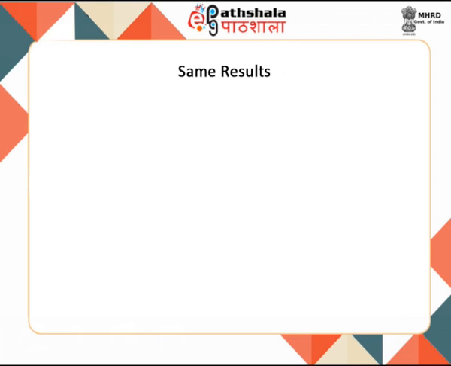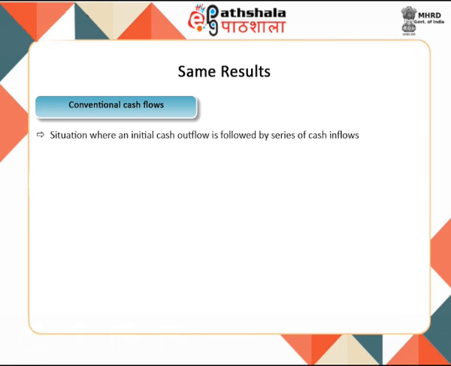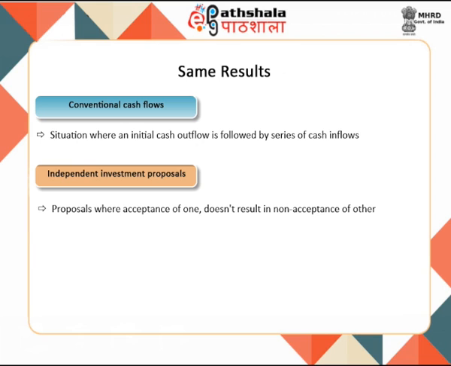Despite the fact that differences exist between the two methods, IRR will give the same results as NPV in the following circumstances. First, conventional cash flows. It is a situation where an initial cash outflow is followed by a series of cash inflows. Second, independent investment proposals. Proposals where the acceptance of one proposal does not result in non-acceptance of the other.